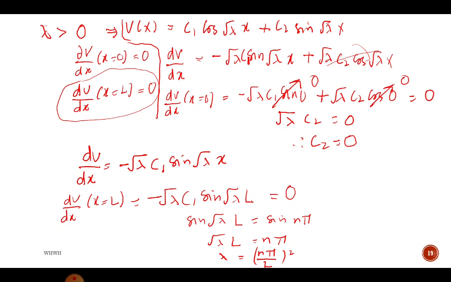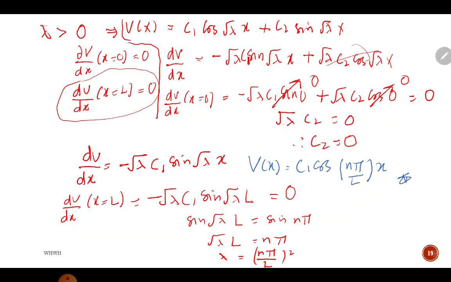So sama je lah macam solution tadi. Then we come to the conclusion that our Vx is equals to C1 cos square root of lambda tu kita ganti dengan n pi over L x. Okay, C1 cos n pi over L x.